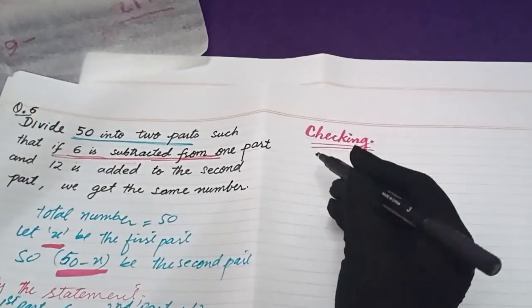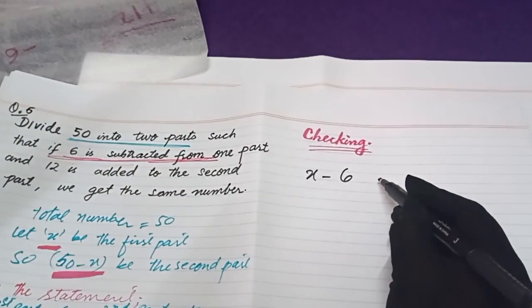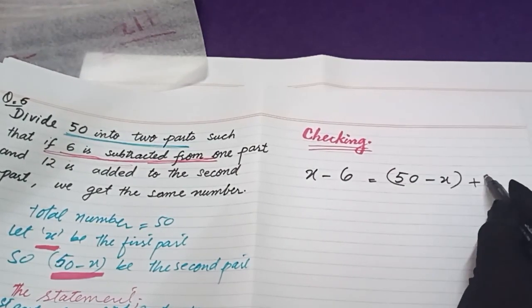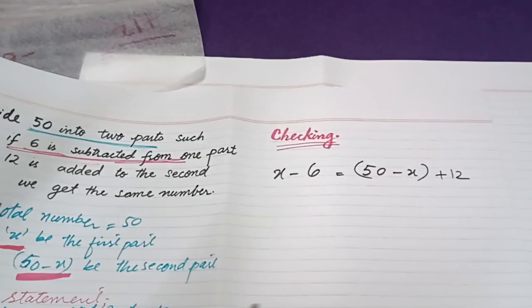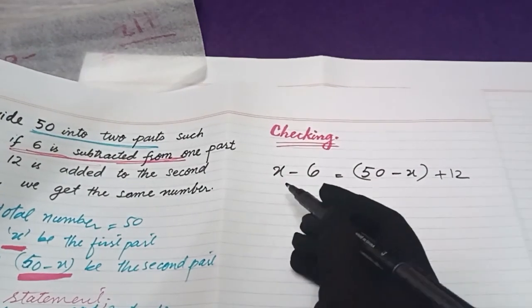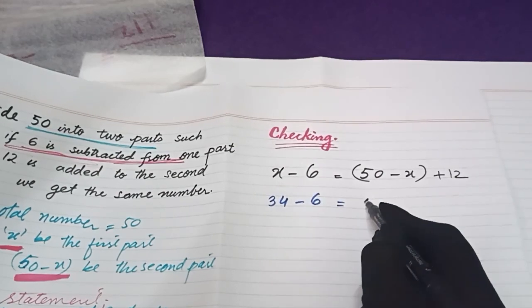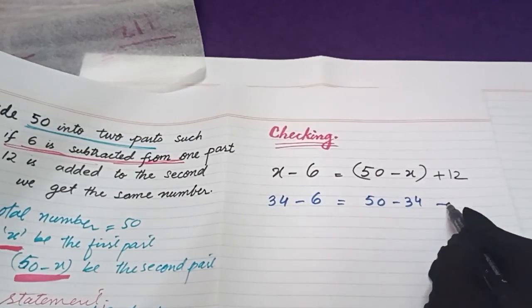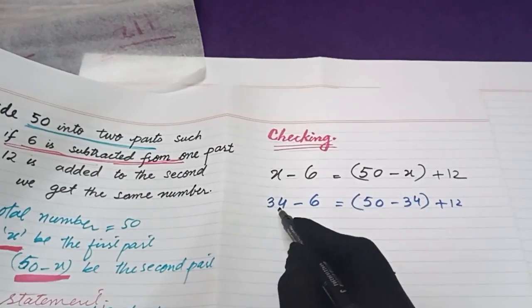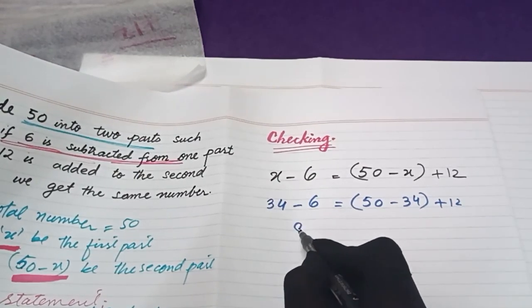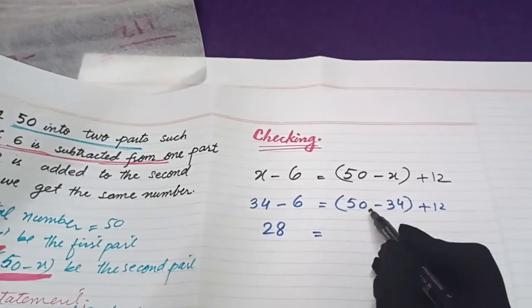Write down this equation here: x minus 6 equals 50 minus x plus 12. Okay, now write down the value of x, that is 34 minus 6 equals 50 minus 34 plus 12. 34 minus 6, take borrow, 14 minus 6 is 8, here left 2, 28.